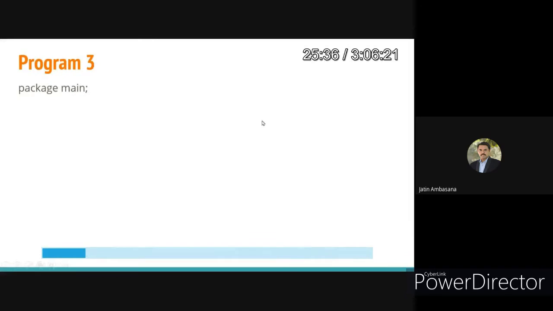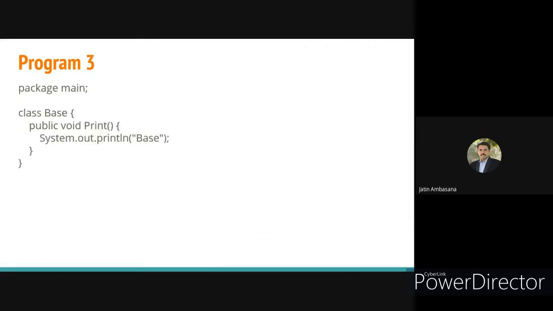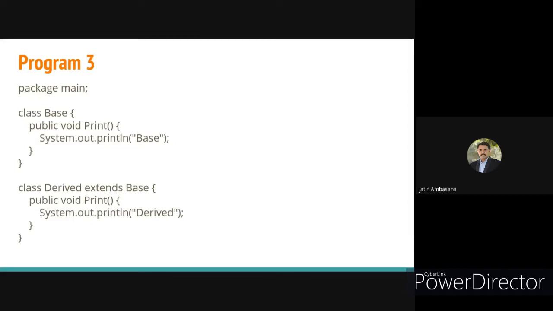Fine. Now let me show you another program. In this program, we have a package main where we have class Base, where there is a print method which prints Base. Then we have a Derived class which extends Base, and it also has a print method which prints Derived.